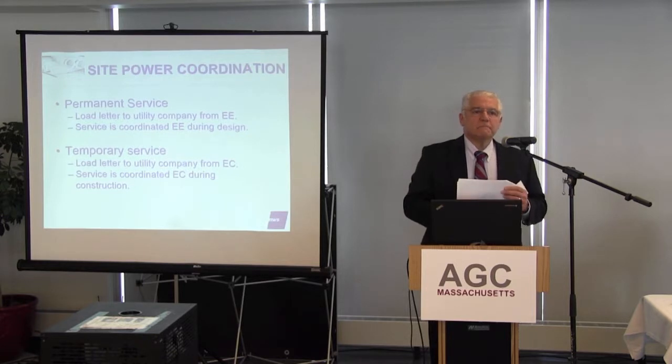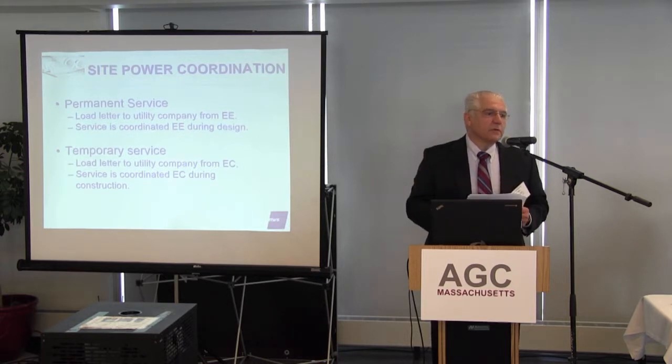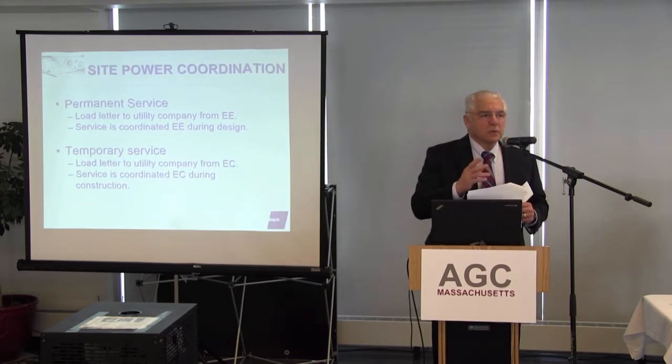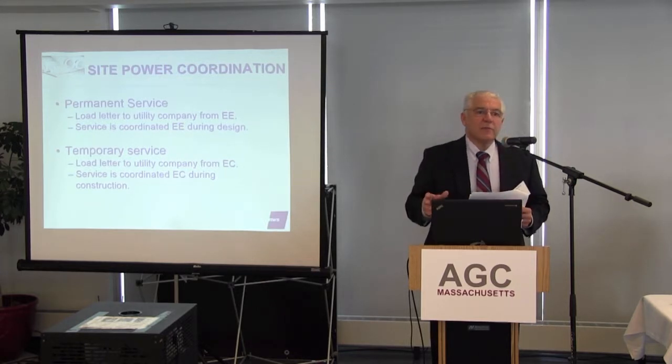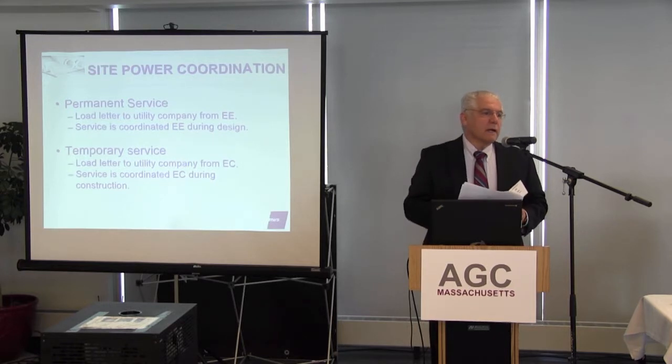They would expect you to standpipe that pole with your 4-inch conduit plus the spare, and that primary service would be run by the electrical contractor, the conduits, and go to the primary side of a transformer.